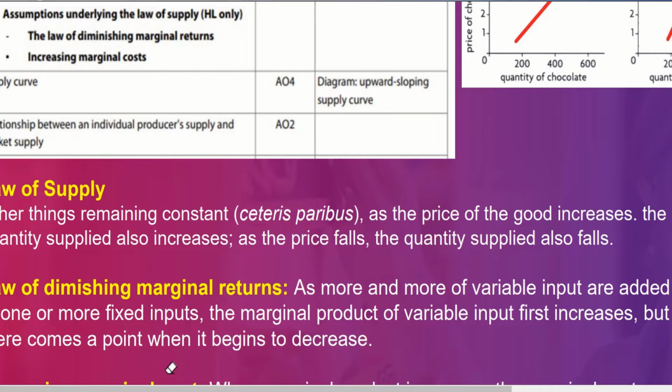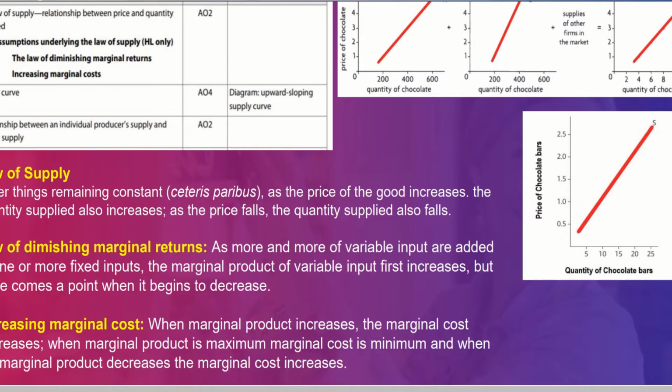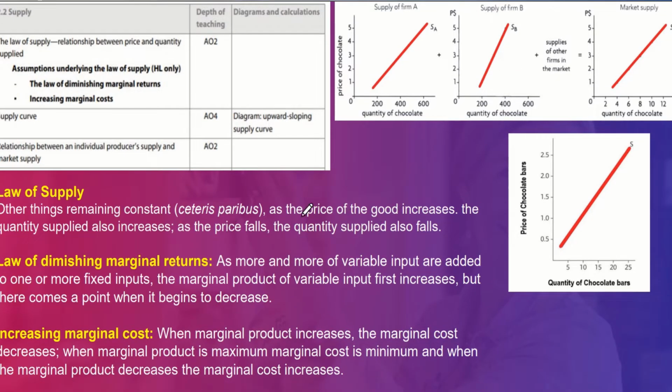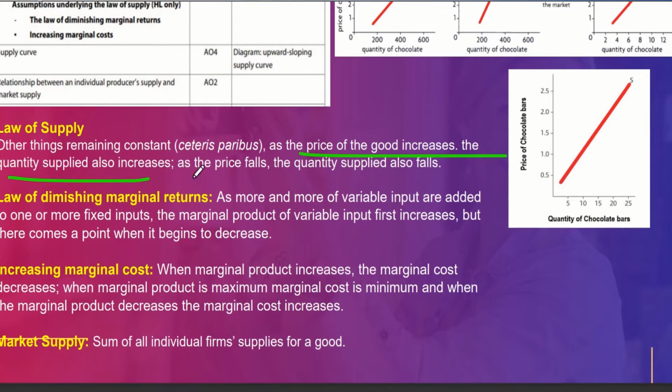And the law of supply means, if the price of the product increases, then quantity supplied also increases. There is a positive relationship between price and quantity supplied. Look at this diagram, this curve. When the price is $0.5, quantity supplied is 5.